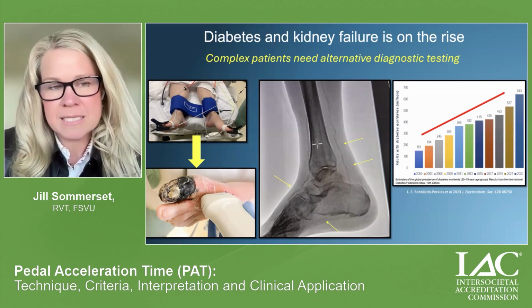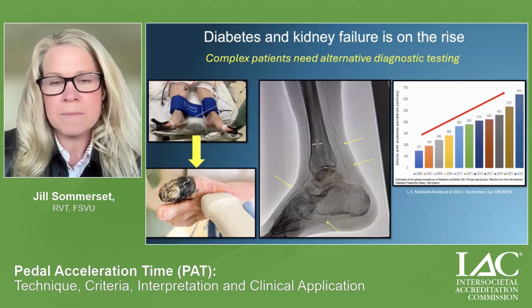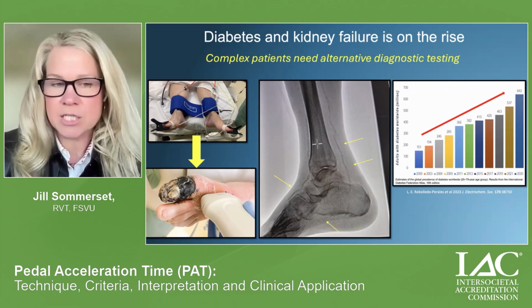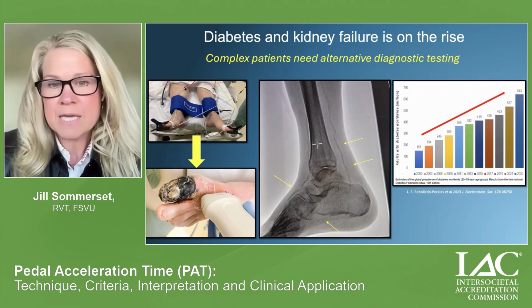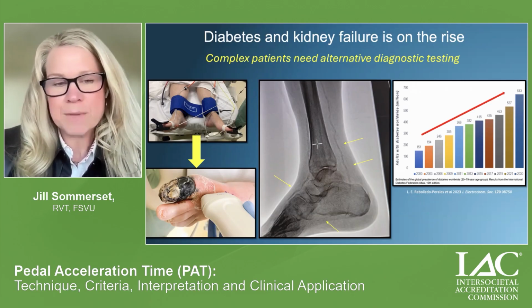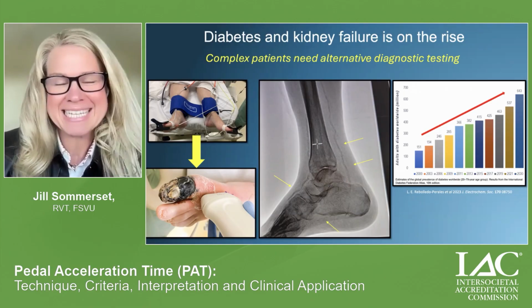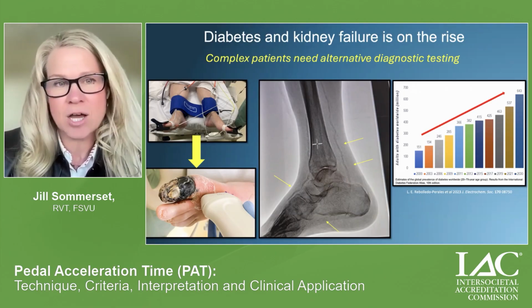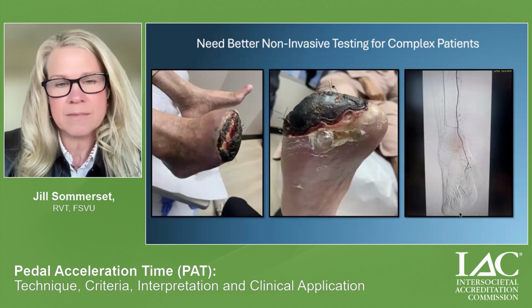And I think ABIs and toe pressure served us well for decades in our smoking population. And yes, we do look to toe pressure in these diabetic patients, but I'm here to talk to you about pedal duplex, another way to evaluate perfusion in the foot in these complex patients.